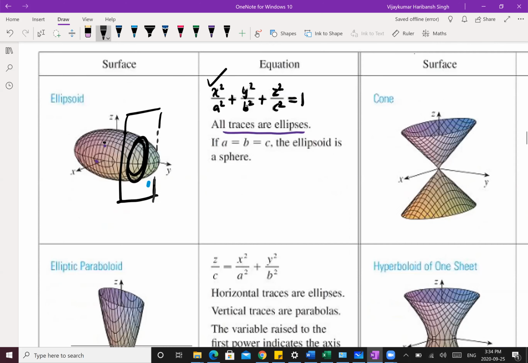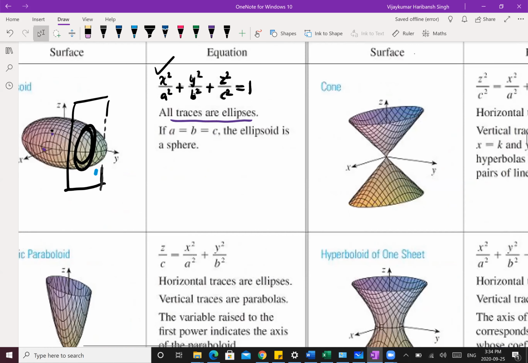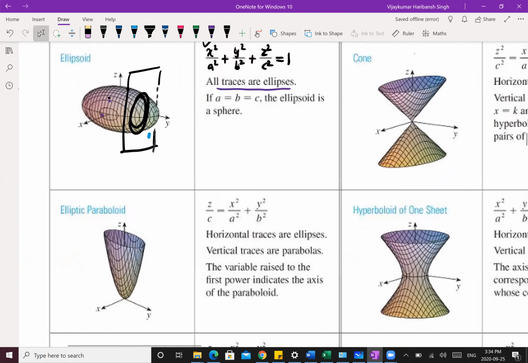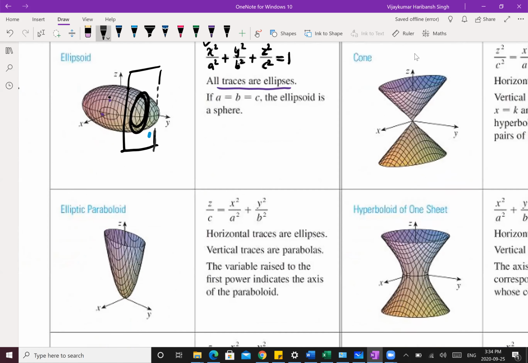All right. Now let's look at the next one. z by c equals x squared by a squared plus y squared by b squared. So what are the traces here? Again, suppose you say z equals k. So you get k by c equals x squared by a squared plus y squared by b squared.